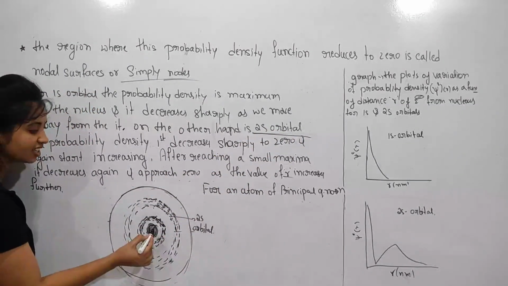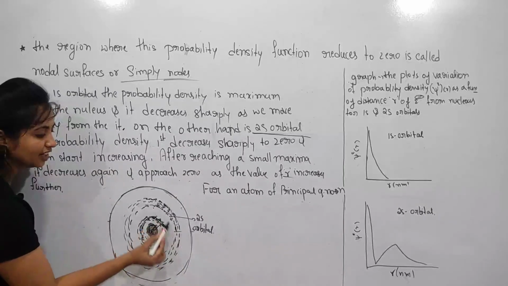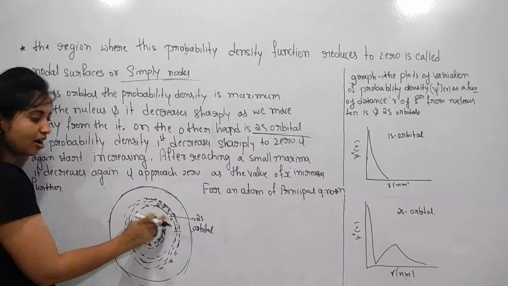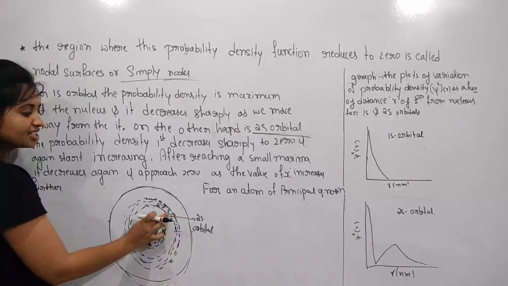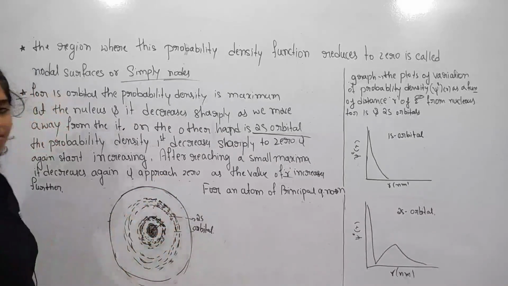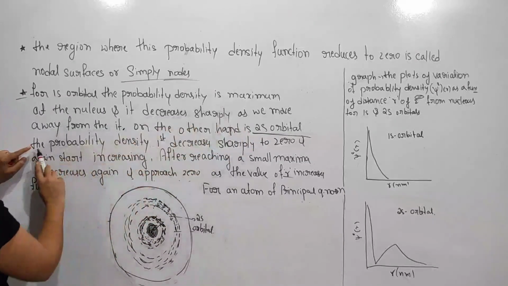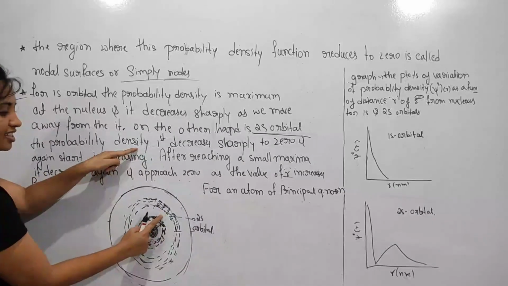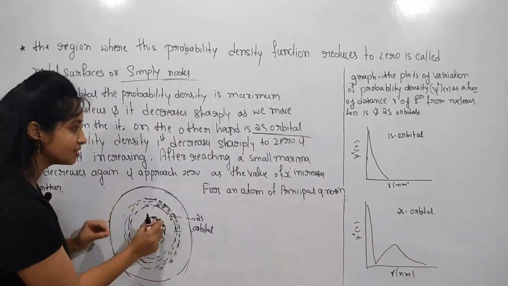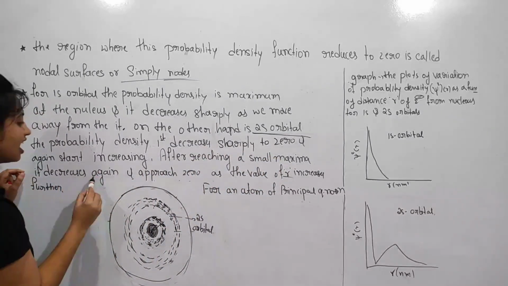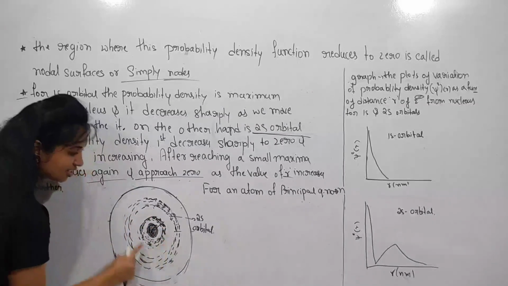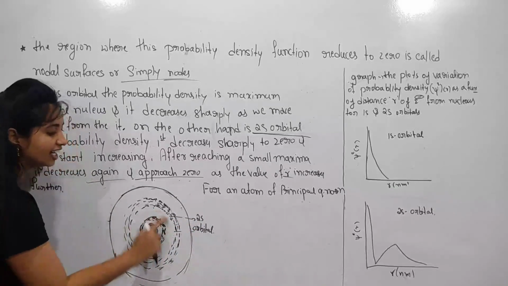Here for the 2s orbital, first we don't have any electron density.